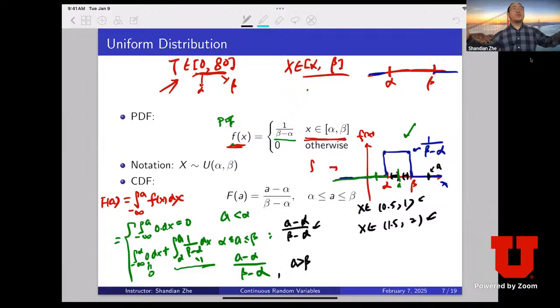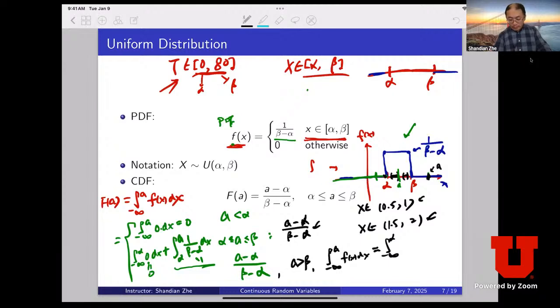What we need is just to verify this from our calculation, right? So again, we just follow the definition. It's the integral from minus infinity to a of f(x) dx, right? You have to integrate f up to a. As we mentioned, we can break this into 3 integrals. First, from minus infinity to alpha, meaning here.